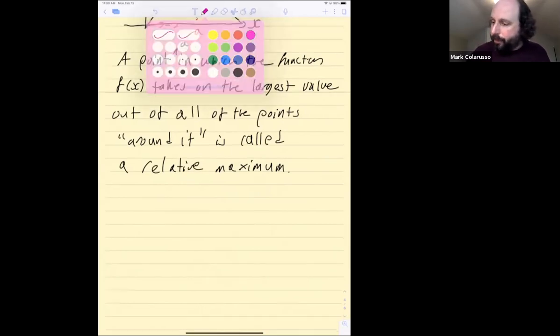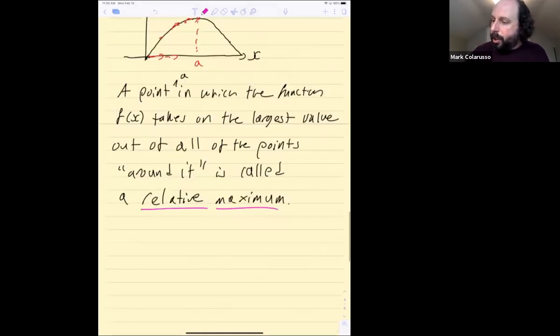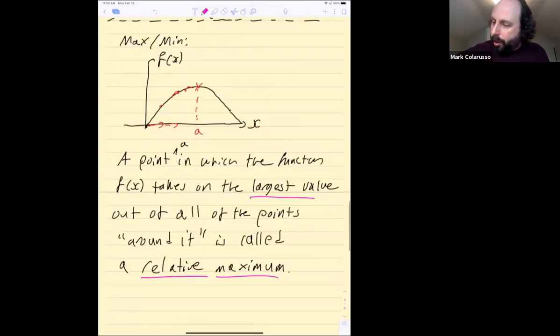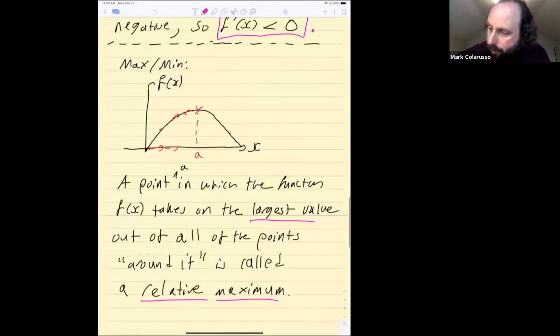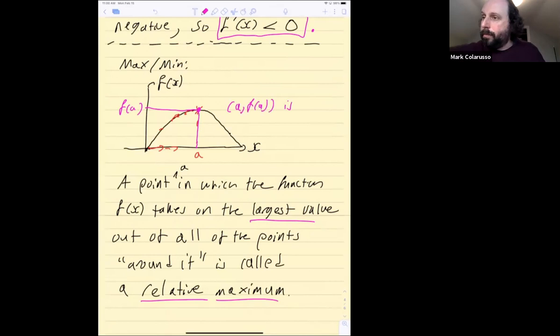So let me just highlight that. So the largest value. So this point here, drilling down into the mountain. So in this picture, f at A is a relative maximum.